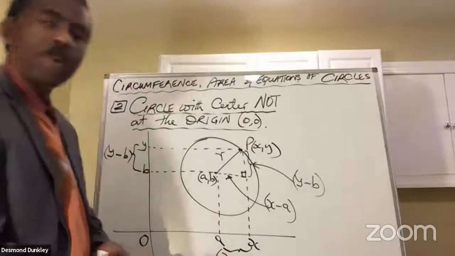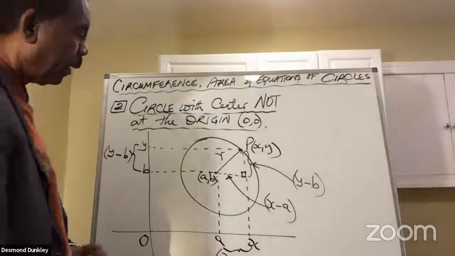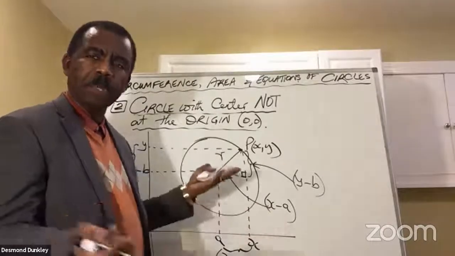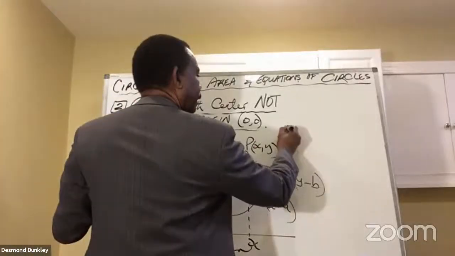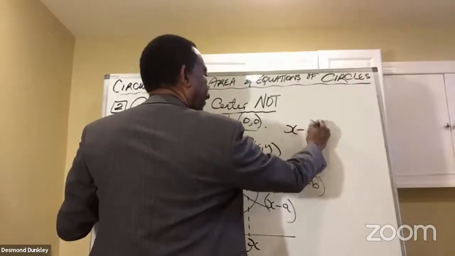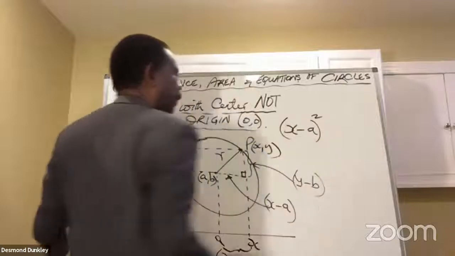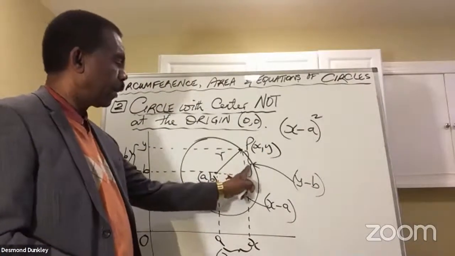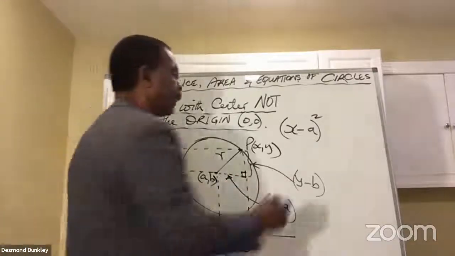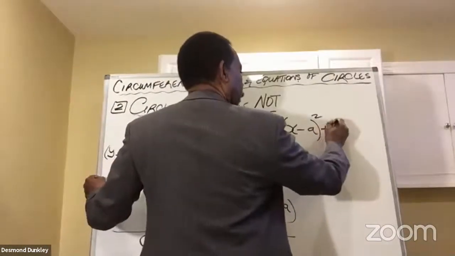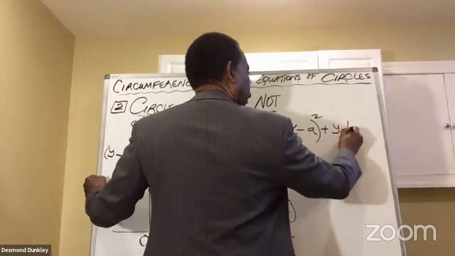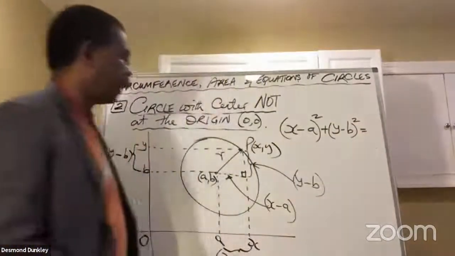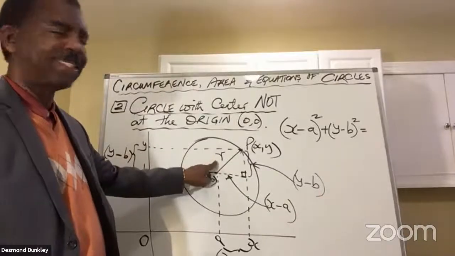So how do you represent that in the form of an equation? Well, what is this leg? It's X minus A. So let's square it. So X minus A squared. So that is this side of your right angle. This is the other side, it's Y minus B. That has to be equal to the radius squared.